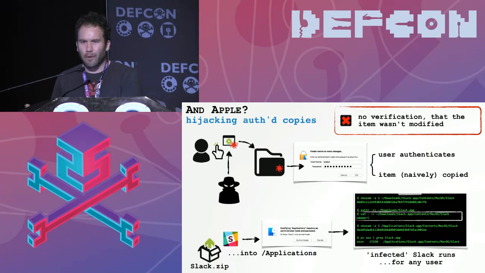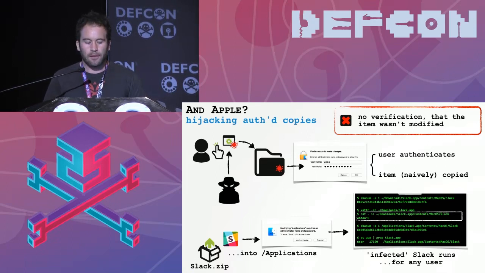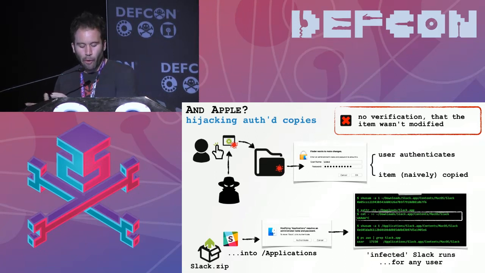So the first thing is, I'm not really sure if this is a bug, it's more of a silly issue, but when a user drags something via Finder into a higher privileged directory, Finder.app displays an authentication prompt, basically saying, hey, you need to provide correct creds in order for me to complete this copy action. The problem is, it doesn't validate that what the user originally meant to copy wasn't modified during the time they were authenticating.